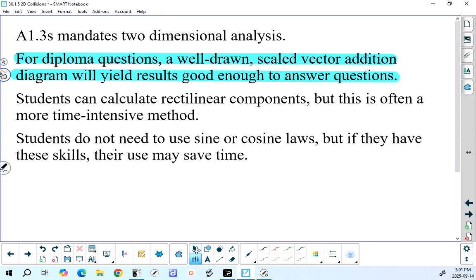You can, however, use what's called rectilinear components, or you can use the sine or the cosine law, but sometimes they are more time-intensive and sometimes difficult for some students. So for some students, you will want to use a scaled diagram because that's maybe your best bet at getting the answer right.